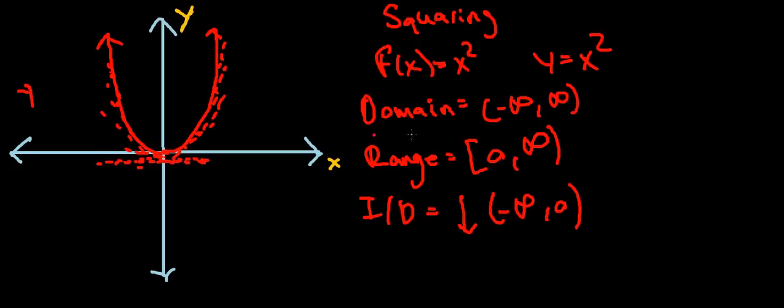The slope is 0. So 0 is not included because it's not decreasing there and it's not increasing there. It's constant. And it's increasing from 0 to infinity. I hope that didn't confuse anyone, but I can't really think of any other way of explaining it without teaching you calculus, essentially.